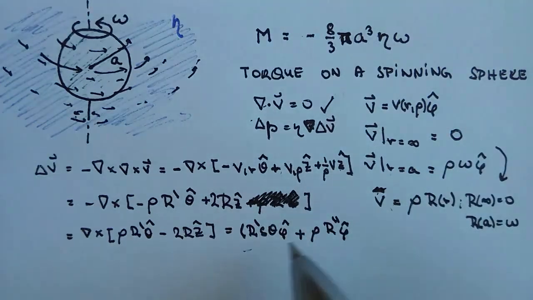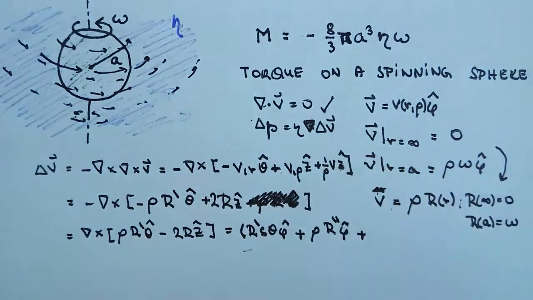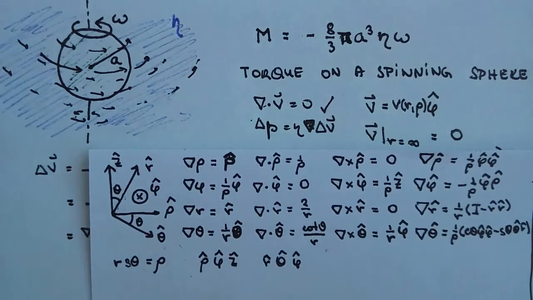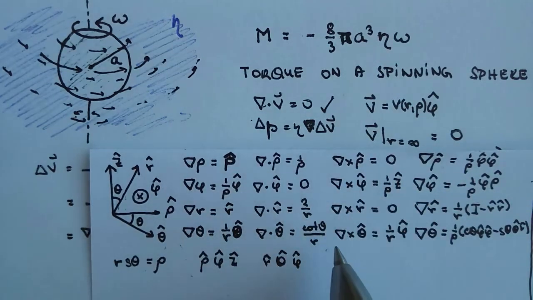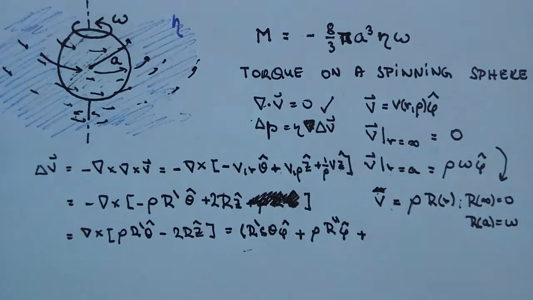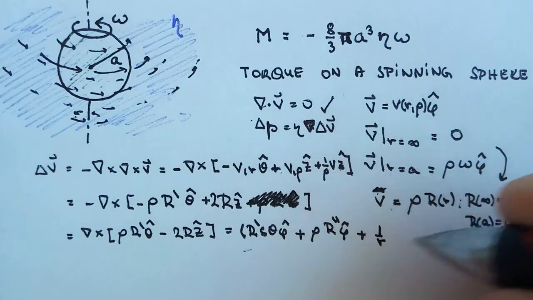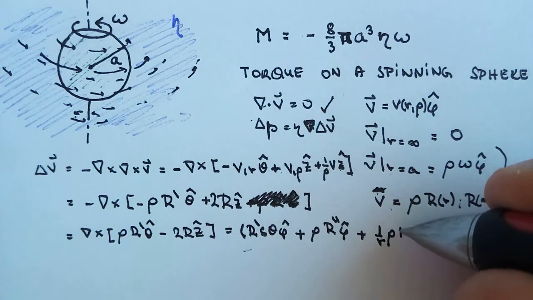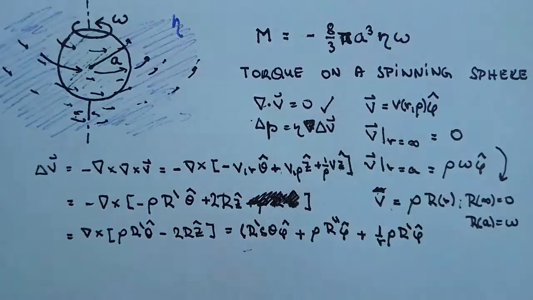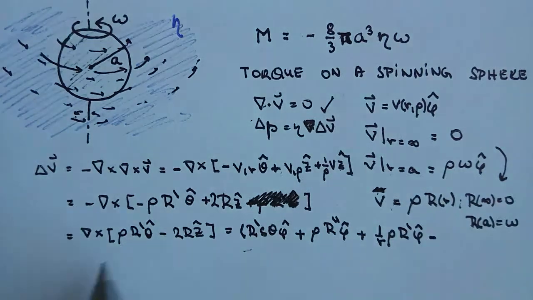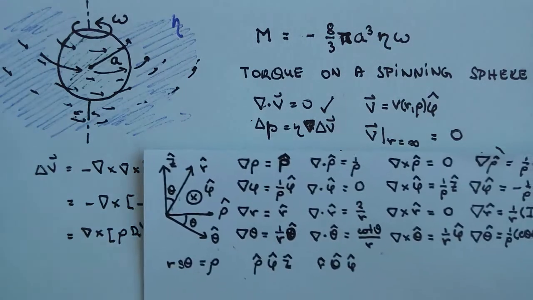Plus, again there is a cross product of theta, which is going to be from the table 1 over r times phi hat, which is 1 over r rho r theta hat, minus the curl of this, which is going to be easily computed because it's minus r cross z, which is again a mixed condition.